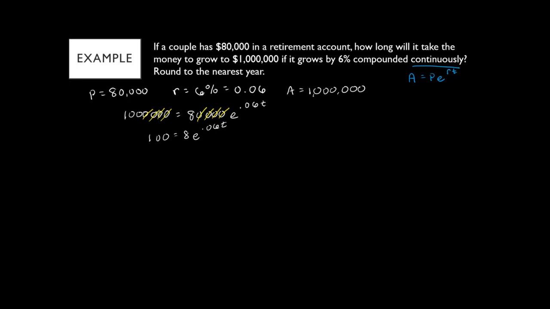So we cancel out 4 zeros by dividing both sides by 10,000, and we get 100 equals 8e to the 0.06t. When you're solving exponential equations, you have to divide both sides by the number in front of e before you can do anything else. So we're going to divide both sides by 8.